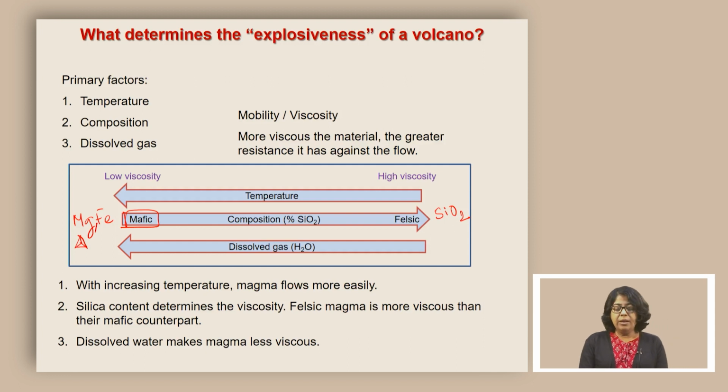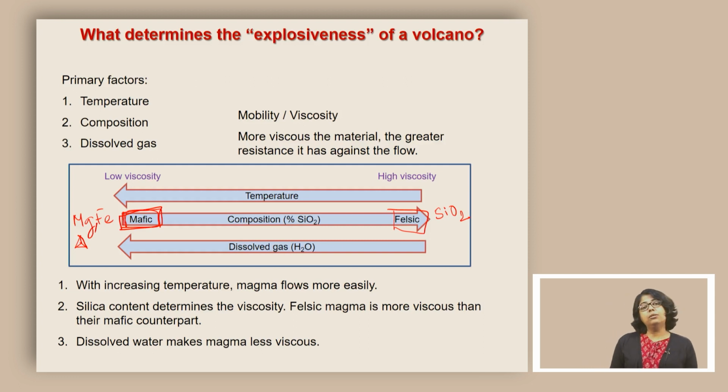So, when it comes to mobility of the magma, mafic magma tends to flow relatively easily, whereas felsic rocks will put up a lot of resistance to movement, and therefore, the more silica-rich the magma becomes, the higher viscosity it will have, and it will not like to move.